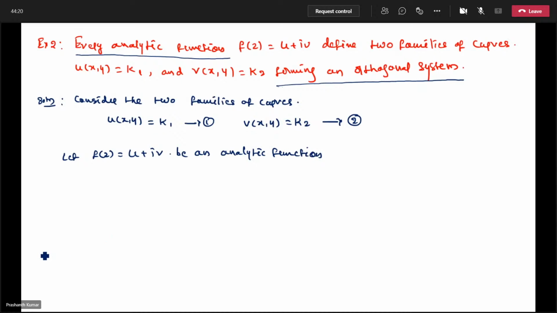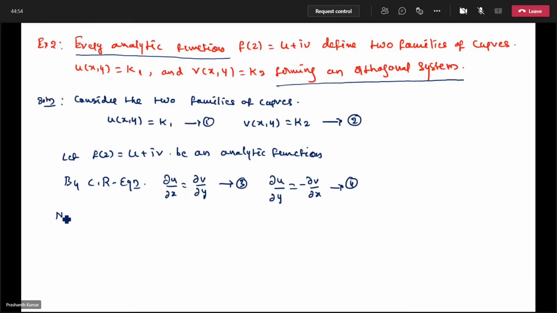So by the CR equation, if it is an analytic function, it satisfies the CR equations. That is dou u by dou x is equal to dou v by dou y. This is equation number 3, and dou u by dou y is equal to minus dou v by dou x, equation number 4.